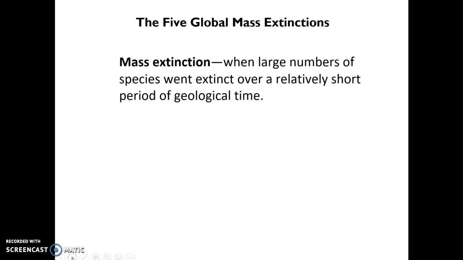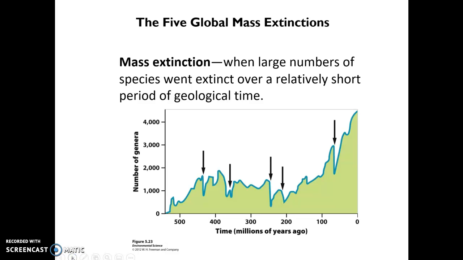Okay, so now let's see what has happened naturally over the years on Earth. There have been 5 global mass extinctions that are known to have occurred. And that's when large numbers of species went extinct over a relatively short period of geological time. Here's a graph from an earlier chapter, Chapter 5. And on the x-axis, you see time in millions of years ago.